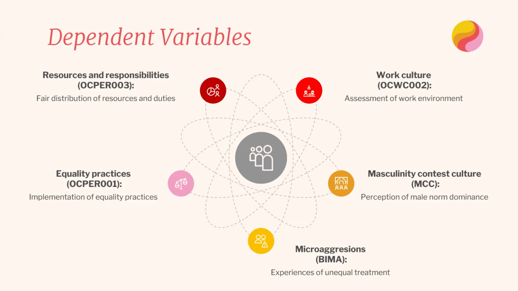The next area is equality practices. And finally, we analyzed how resources and responsibilities are distributed between genders. And by focusing on these 5 dimensions, we wanted to gain a comprehensive picture of gender dynamics within our organization.